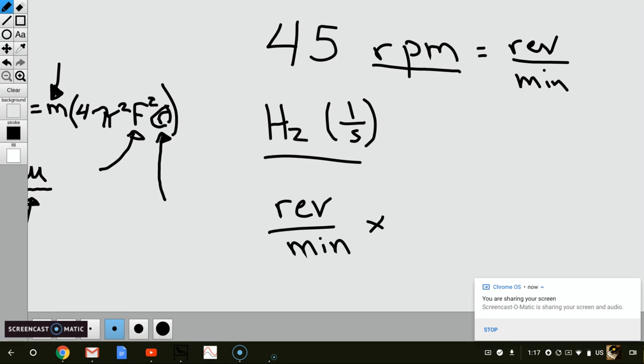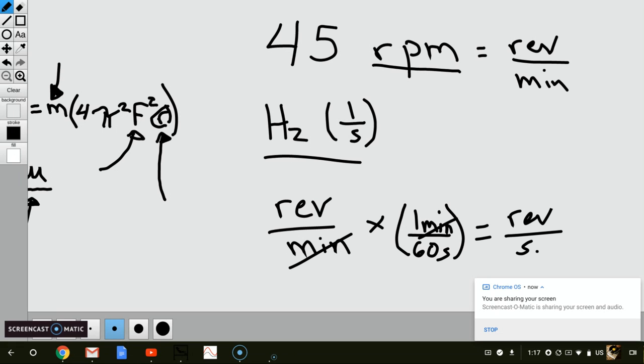You multiply by a conversion factor: 1 minute divided by 60 seconds. That gives us revolutions per second, which in this case is our hertz.